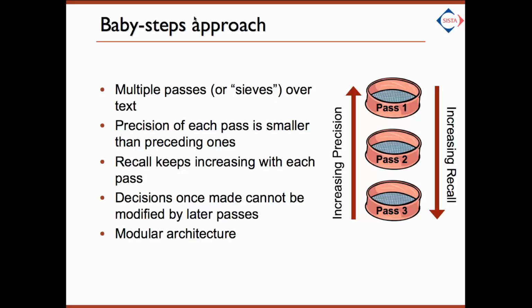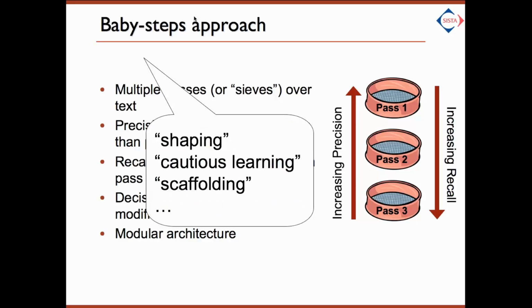This thing, we called it the baby steps framework, is actually very common in machine learning, in computational linguistics, in cognitive science. It's called in many different ways. I've seen it as shaping, I've seen it as cautious learning, I've seen it as scaffolding. So it appears in many different ways. And in fact, Peter, who's a postdoc that joined our group, gave me an example from hardware.